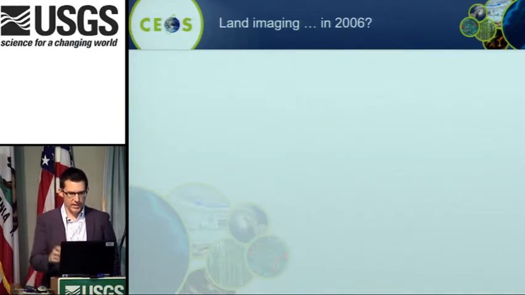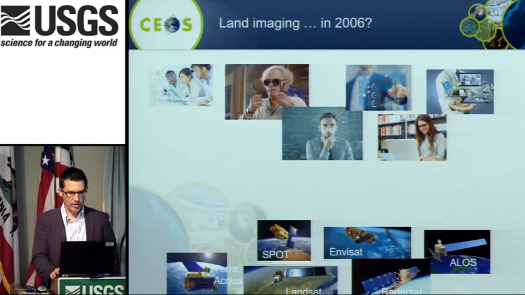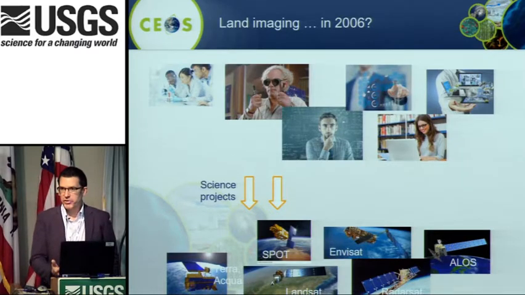So if we take a step back and look at land imaging maybe in 2006 or so, middle of the noughties, we had very few missions, well, maybe 5 or 6 that were generating land imaging data. We had scientists that were interested in that data, and the process was pretty simple.